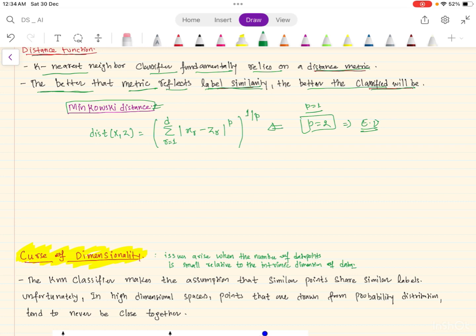So here what we are losing is the similarity that we use to calculate the k nearest neighbor. So let me tell you one more time: if you increase the dimension, the 2 points are never going to be close together.